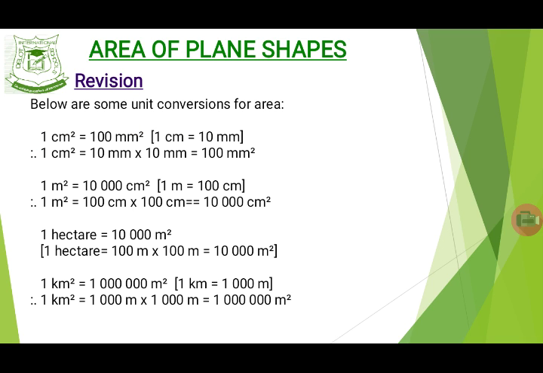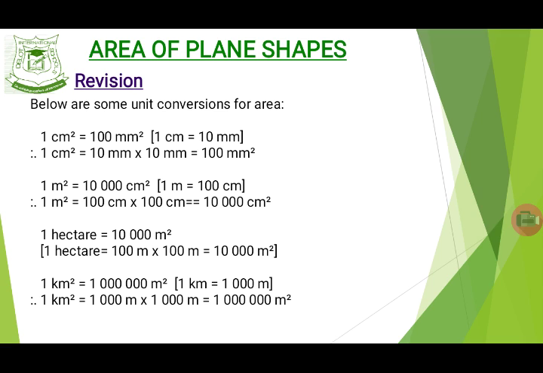Also in our revision of last week's work, I showed you how to convert units of measurement for area. You know that 10 millimeters make 1 centimeter, right? Therefore 100 millimeters square will make 1 centimeter square, and I showed you how it is gotten.